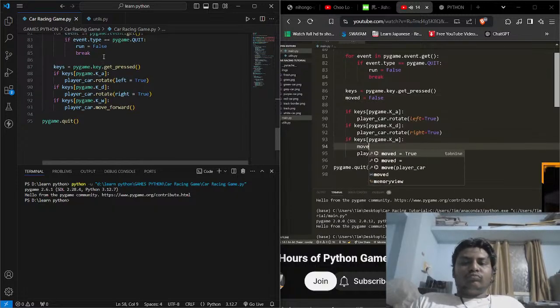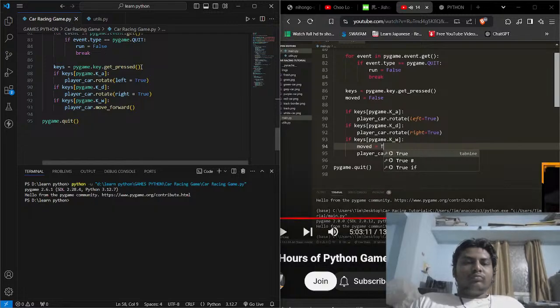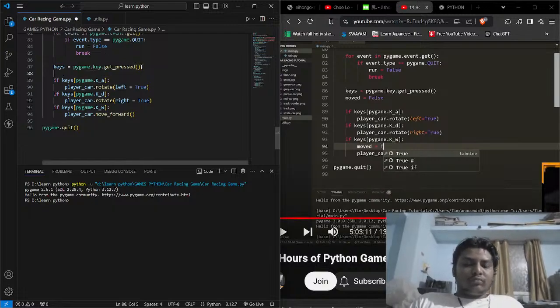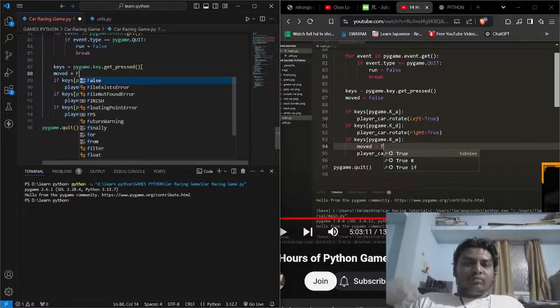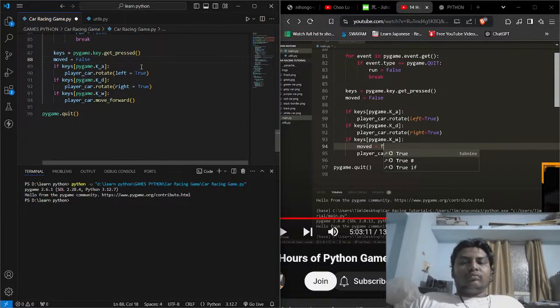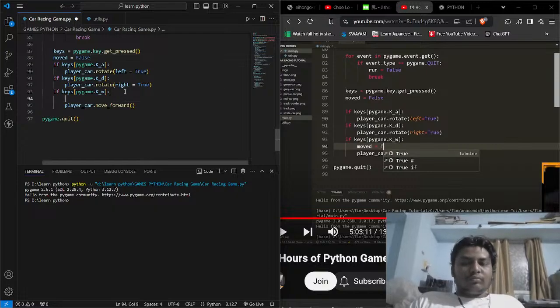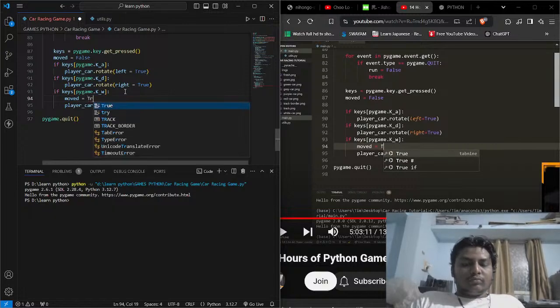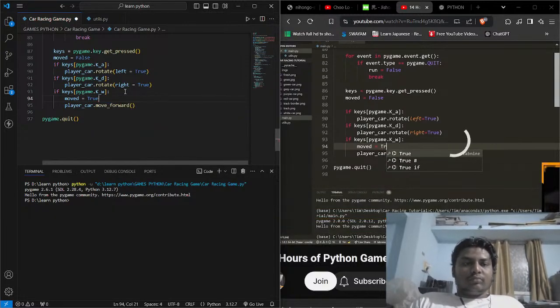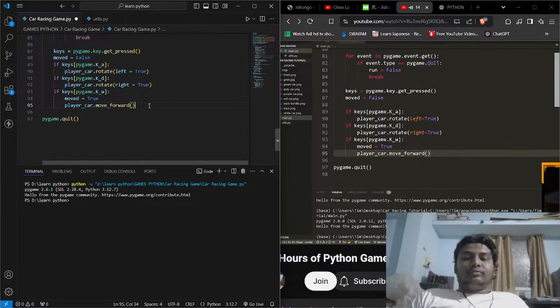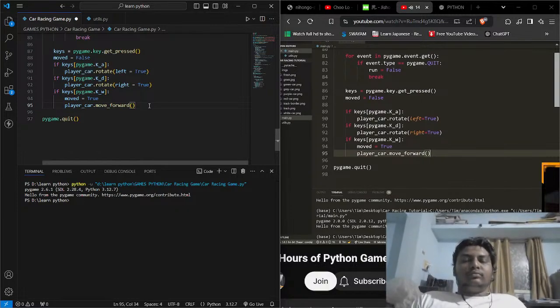And inside of here, I'm going to say moved is equal to true. Now, the point of this is that if we are pressing the W key, we don't want to reduce the speed. But if we let go of the W key, we do want to reduce the speed.